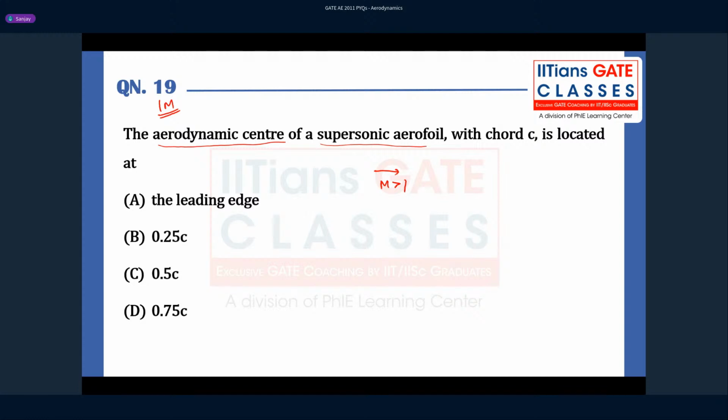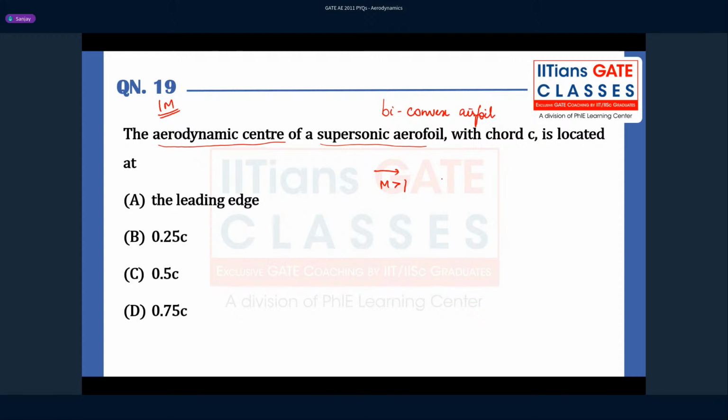So what is the shape of a supersonic airfoil? A supersonic aerofoil is generally a biconvex aerofoil. What is this biconvex aerofoil? It is actually a derivative of a diamond-shaped aerofoil.